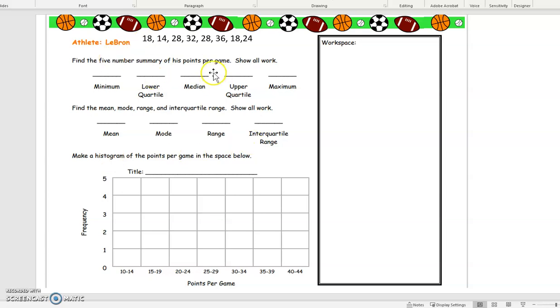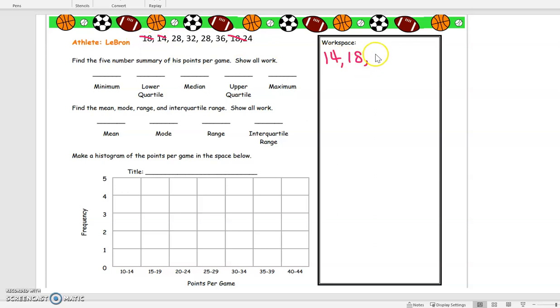Starting with the 5-number summary, I need to put my numbers in order from least to greatest. So after I've written them out here from that page, I'm going to put them from smallest to biggest. So we have 14, followed by 18. When a number appears more than once, make sure you write it more than once.